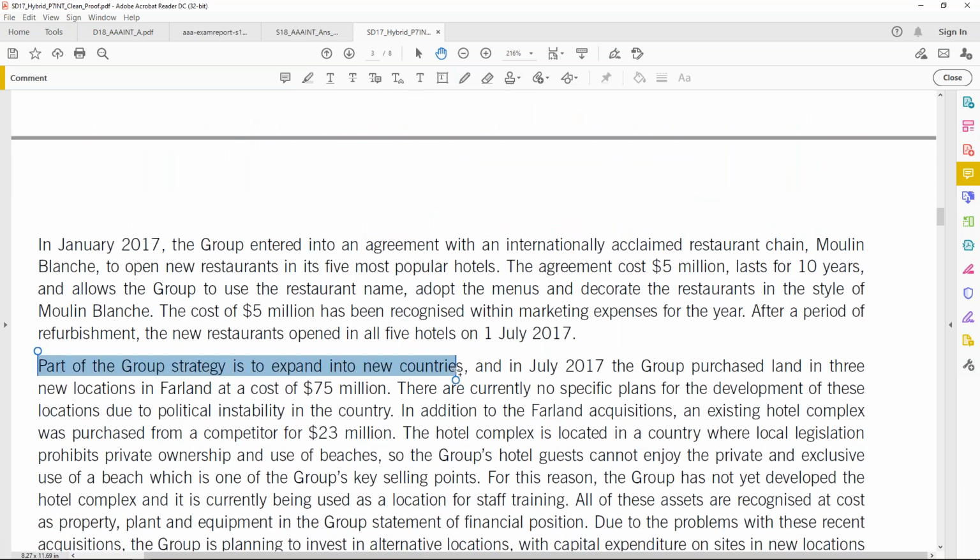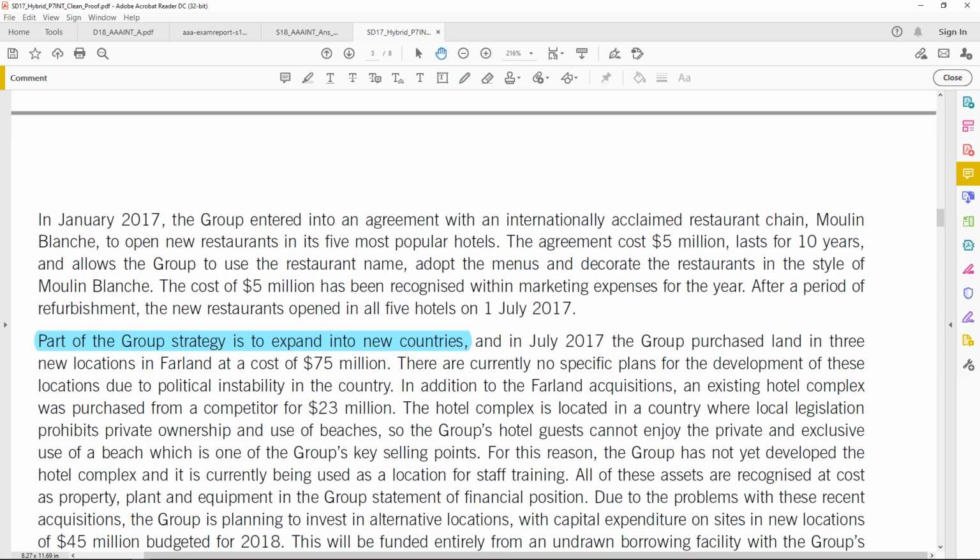Part of the group strategy is to expand in new countries, right? That's one. And in July 2017, the group purchased land in 3 locations with a cost of $75 million. There are currently no specific plans for the development of these locations due to political instability in the country. In addition to the farmland acquisition, the existing hotel complex was purchased from a competitor for 23 million.